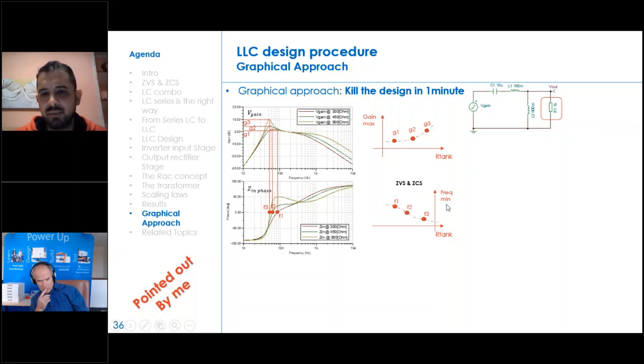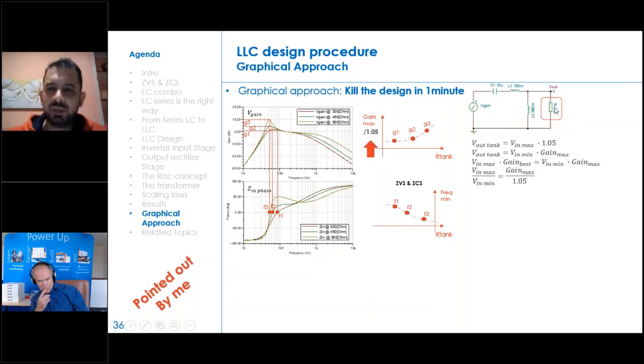Let's keep this in mind. We know that the output voltage on the tank can be calculated by multiplying the maximum input voltage and the minimum gain that we have identified as the best gain entry point. At the same time, the output voltage on the tank can be calculated by multiplying the minimum bus voltage and the maximum gain.